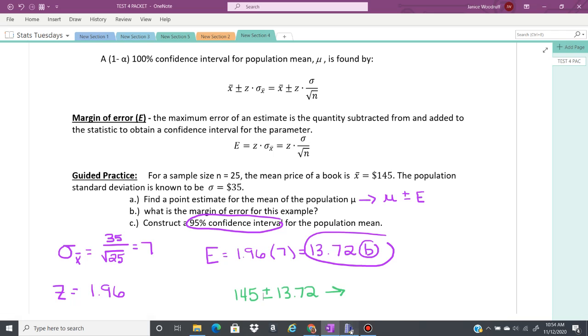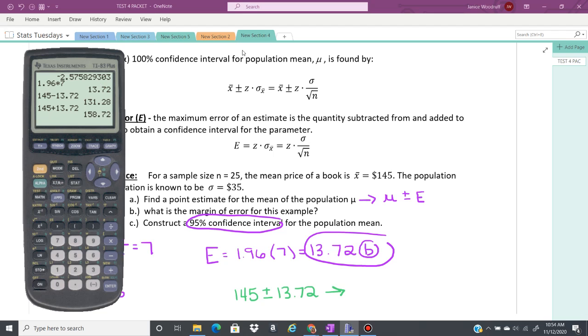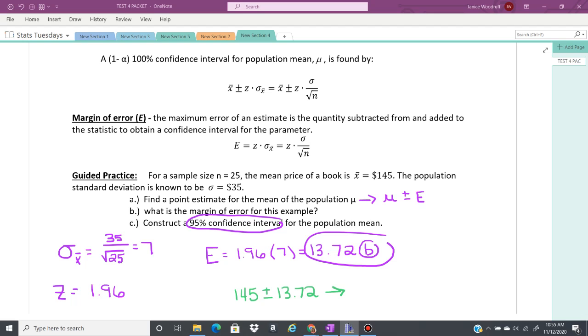So 145 minus 13.72 is 131.28, and 145 plus 13.72 is 158.72. So our point estimate is that the mean price of books here is going to be between $131.28 and $158.72. That's for A.